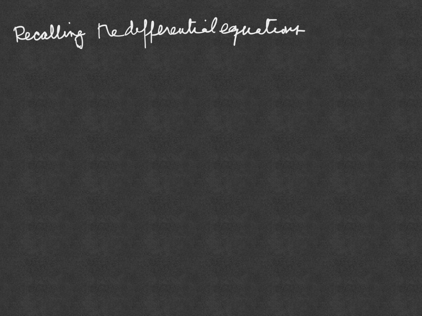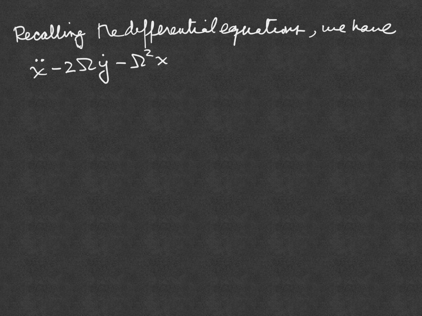So recalling the differential equations, we have the following. We have x double dot minus 2 omega y dot minus omega squared x is equal to minus mu over r cubed times x.